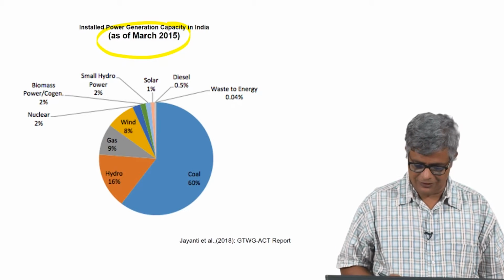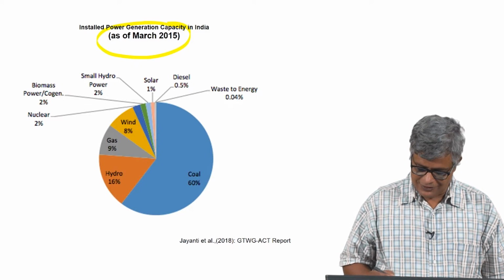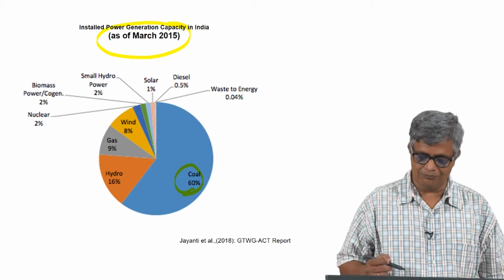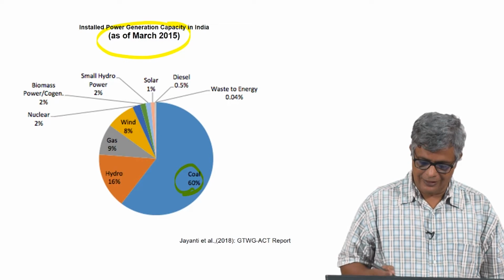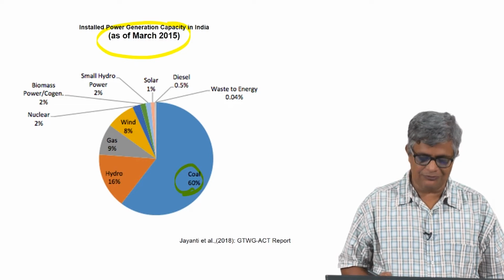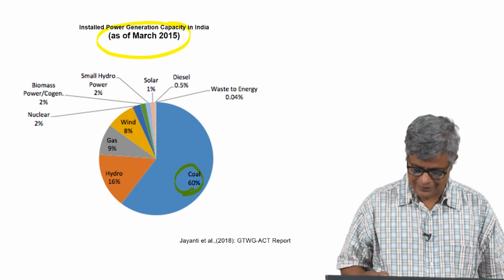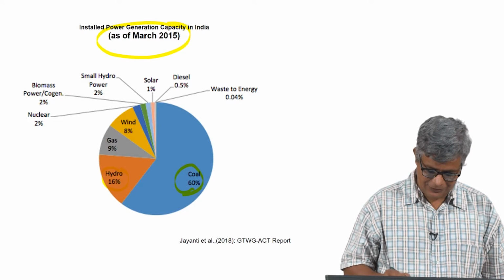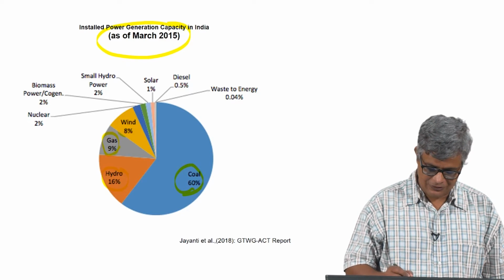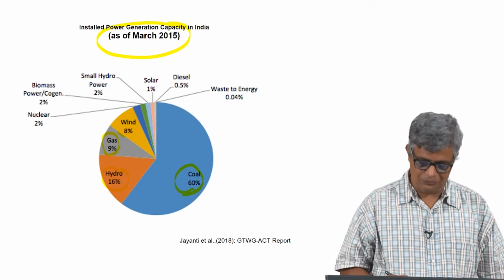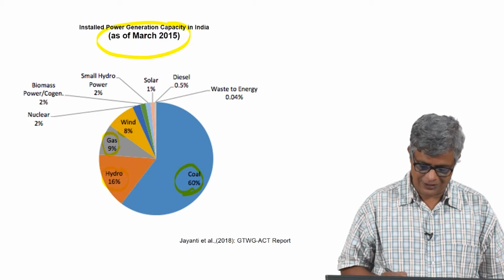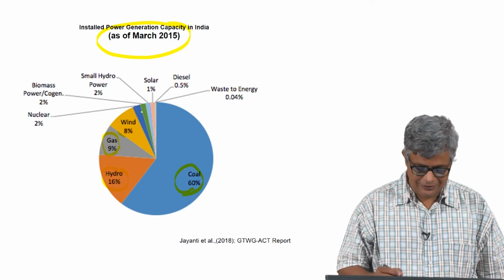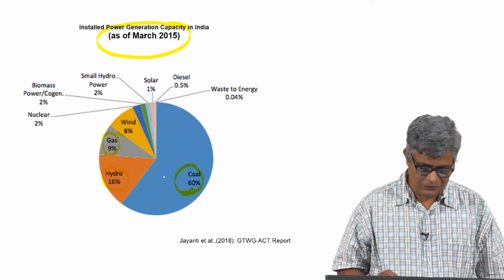So, these are in a way official here, and we see that 60% of electricity generation as of March 2015 in terms of capacity to generate has come from coal for India, and hydro is 16%, gas is 9%, wind is a renewable energy, most friendly form of renewable energy is 8%, and then nuclear is only 2%.